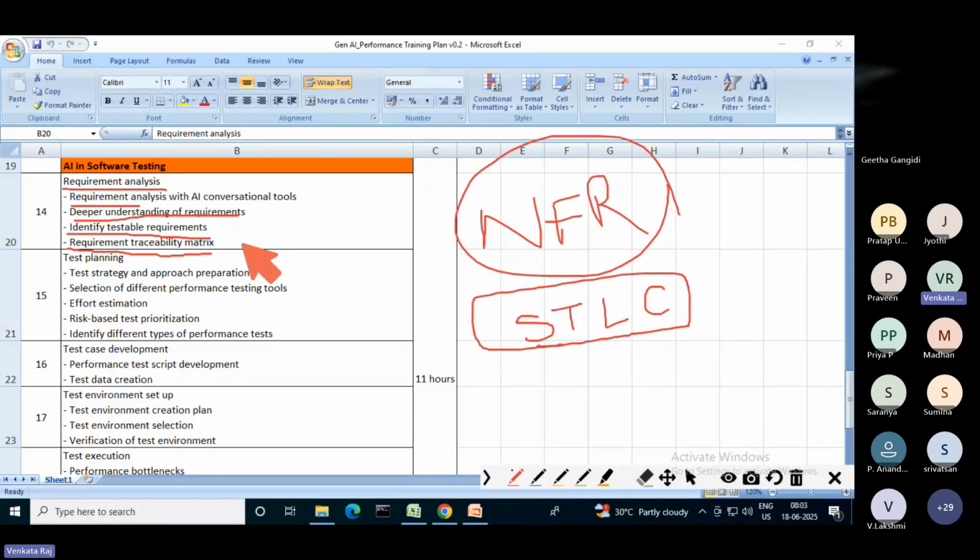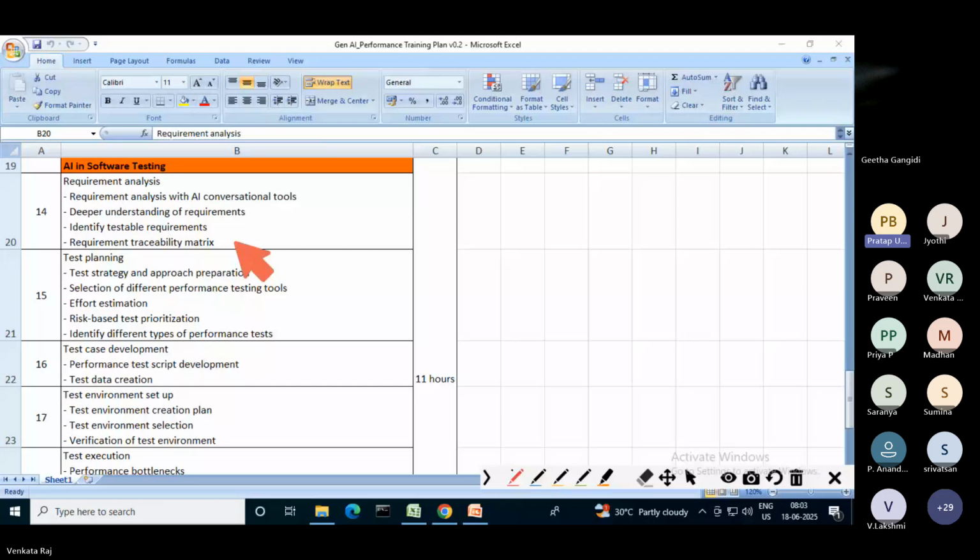So from the performance testing point of view, guys, who can tell me what is a requirement traceability matrix? The requirements, from how much load is to be simulated in how much time, till the actual throughput results, everything has to be traced so that you know what led to what.